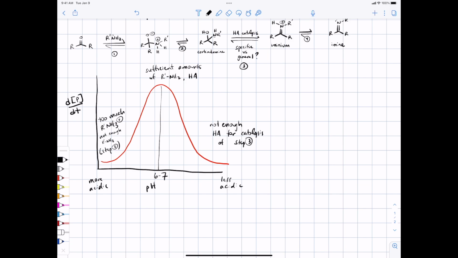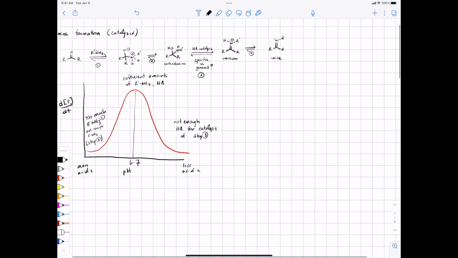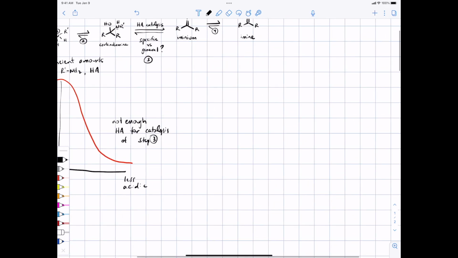A couple of other things in terms of amine-like chemistry. There are some functional groups that are less common that you ought to be aware of.